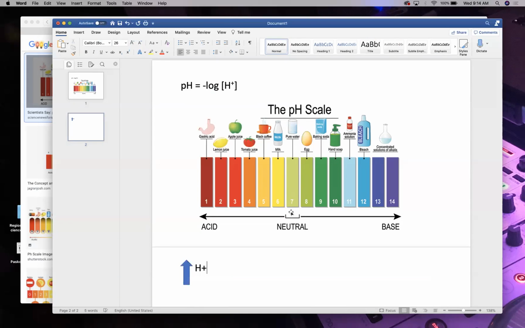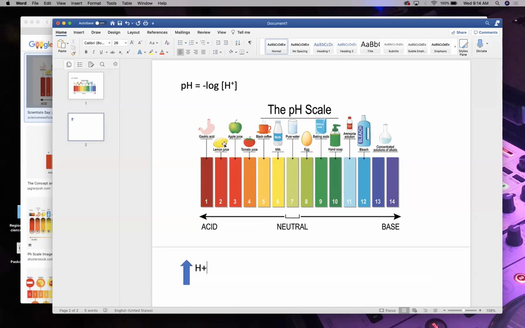So when we're looking at water, it's neutral, it's in the middle. But once you start going down, milk is debatable, it's around here. But definitely tomato juice, if I put that on you, it won't really bother you, and even apple juice.